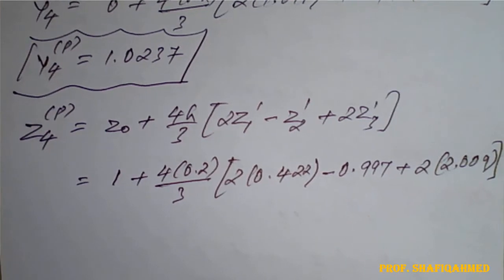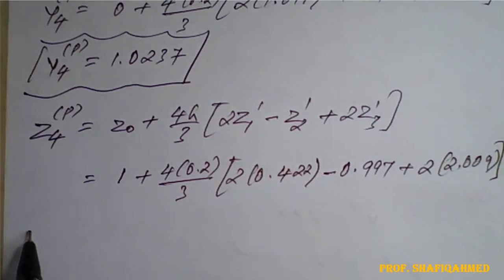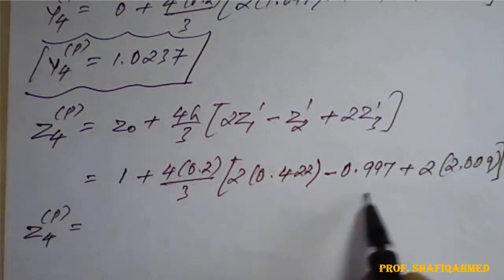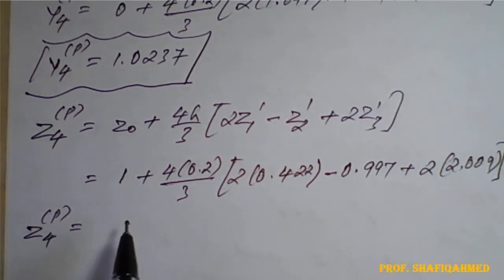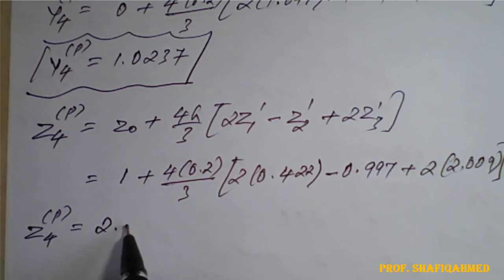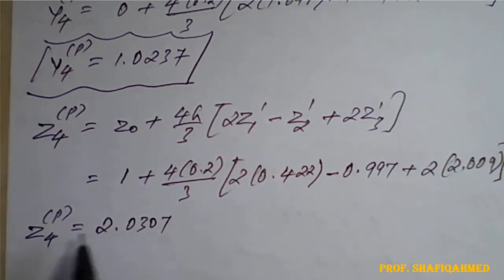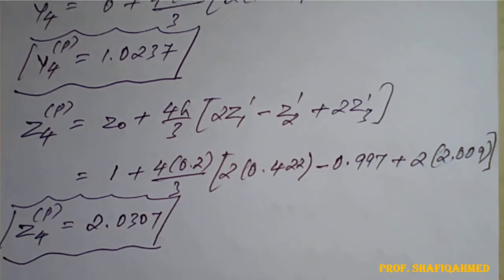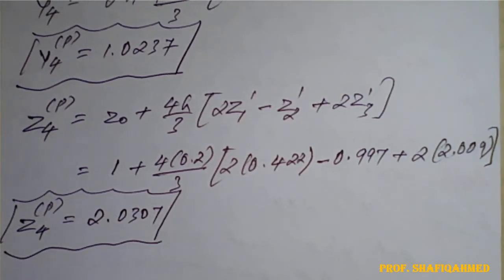So once we got the values of all z1 dash, z2 dash and z3 dash, on calculation the result will be 2.0307. So these are the values of y4 of p and z4 of p.